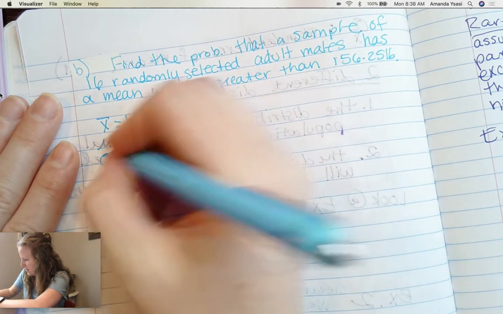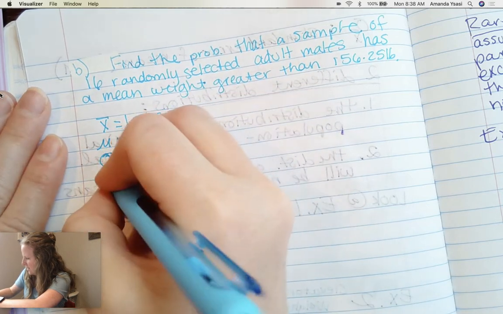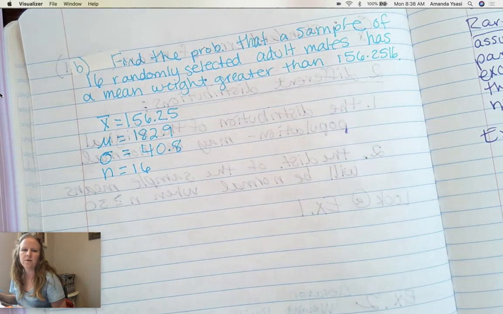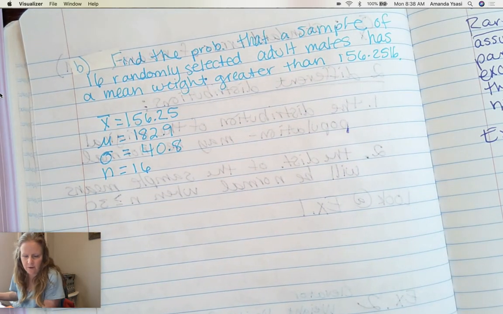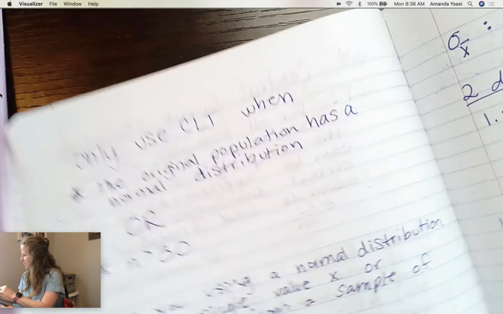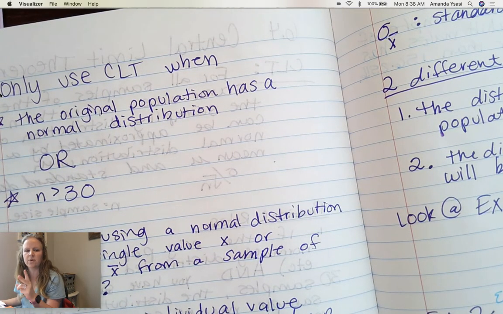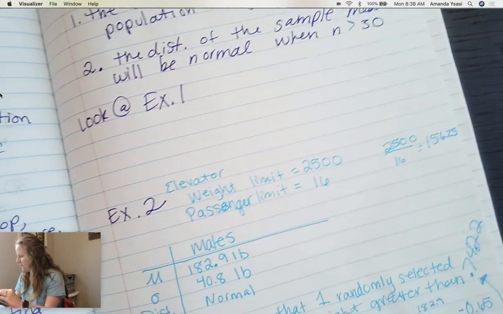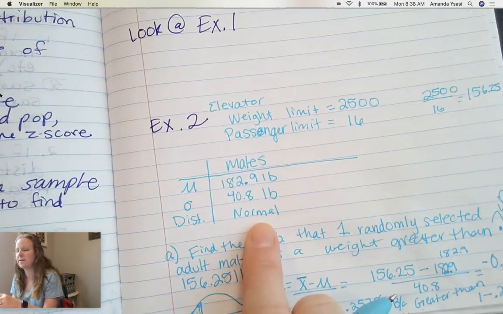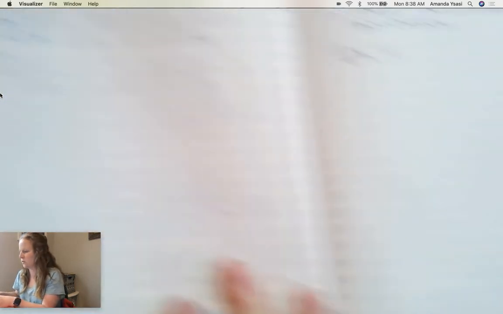Standard deviation sigma is 40.8. And then n here is 16. Okay, we can use the central limit theorem because this is a normal distribution. So remember, you had two things you had to check: normal distribution or that your n was greater than 30. Because the distribution of weights is normal, we can use the central limit theorem.